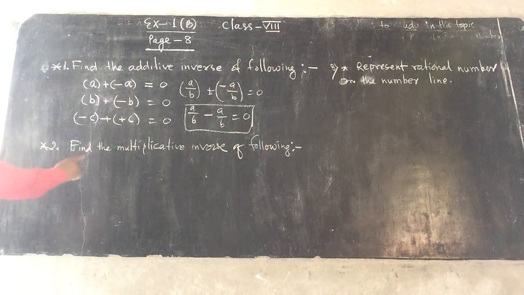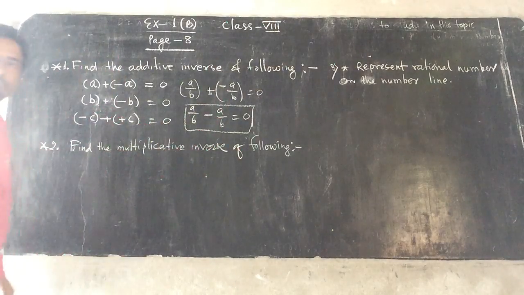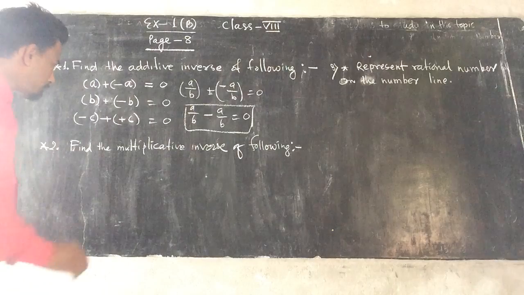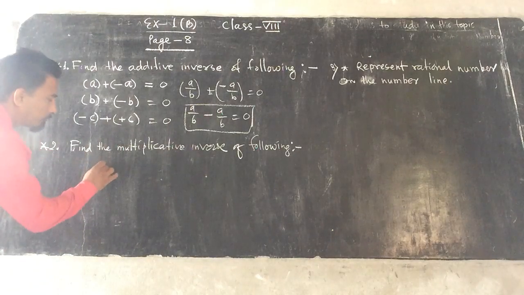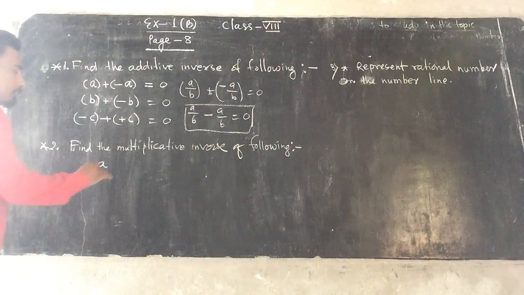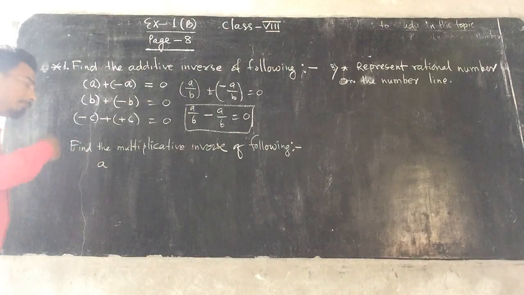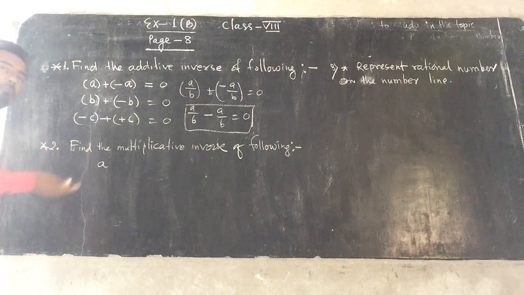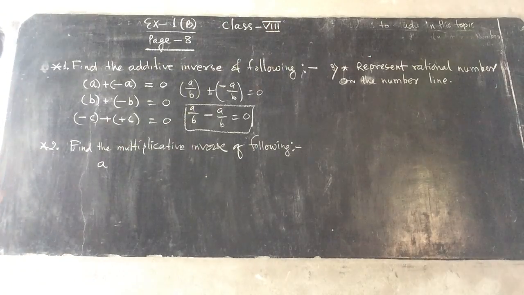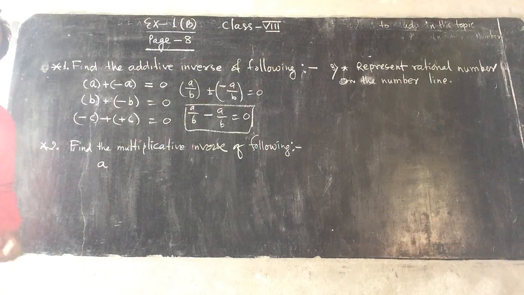Okay, now another: find the multiplicative inverse of the following. Multiplicative inverse means, like, what is this? A. Whenever we have to get the multiplicative inverse, remember that multiplicative inverse has another name, that is reciprocal.